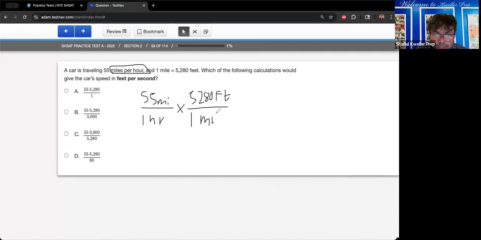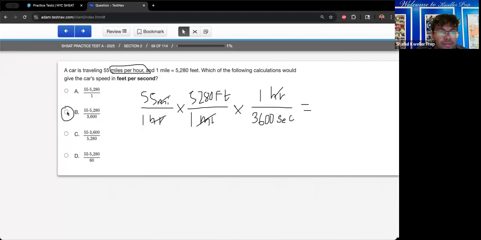And then the miles cross out. So this is feet over hours. We want to convert into feet per second. I know that in 1 hour, there's 3,600 seconds. Cross out hours, and it should be this: times 5,280 divided by 3,600, so it should be B.